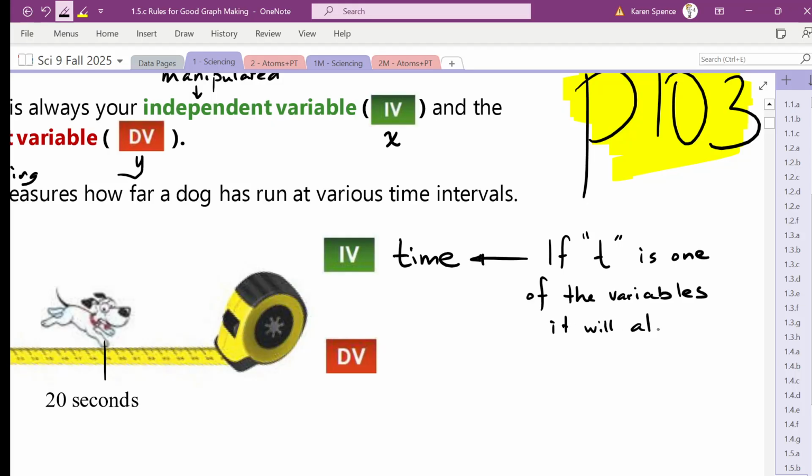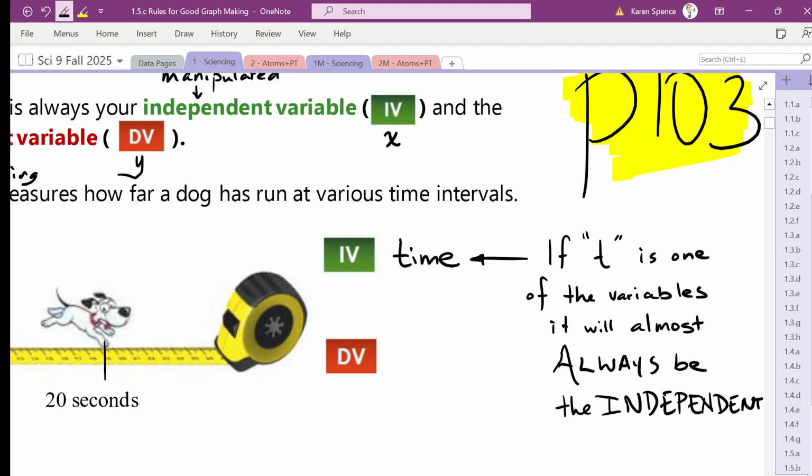Not always, but most times. What is our dependent variable in this case?